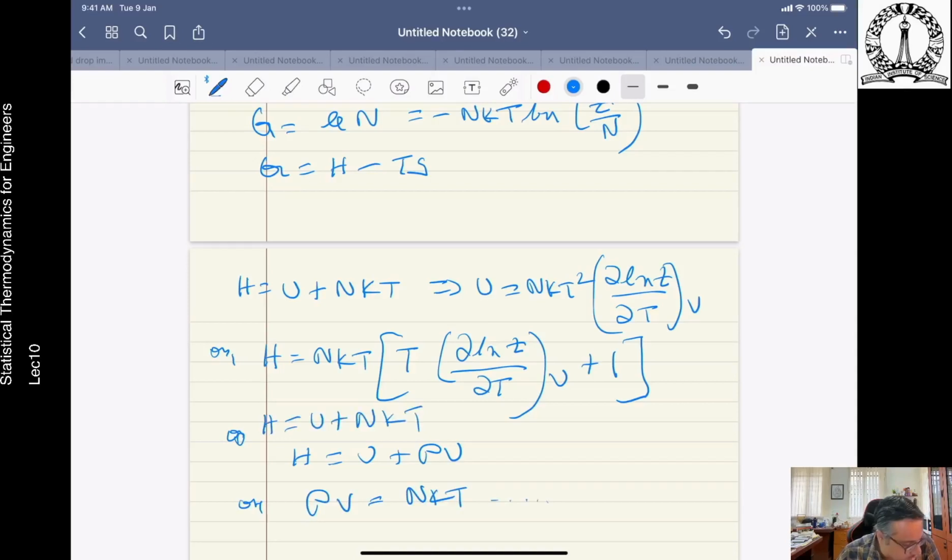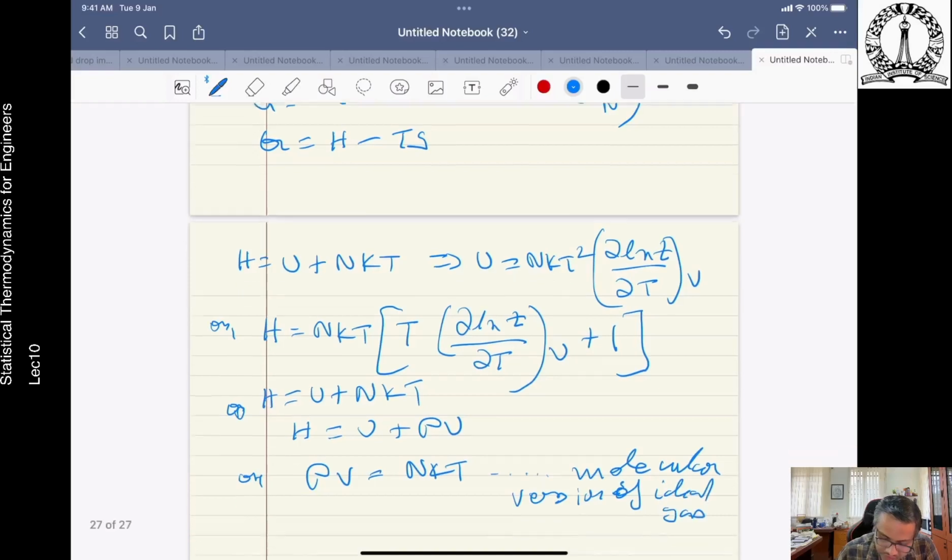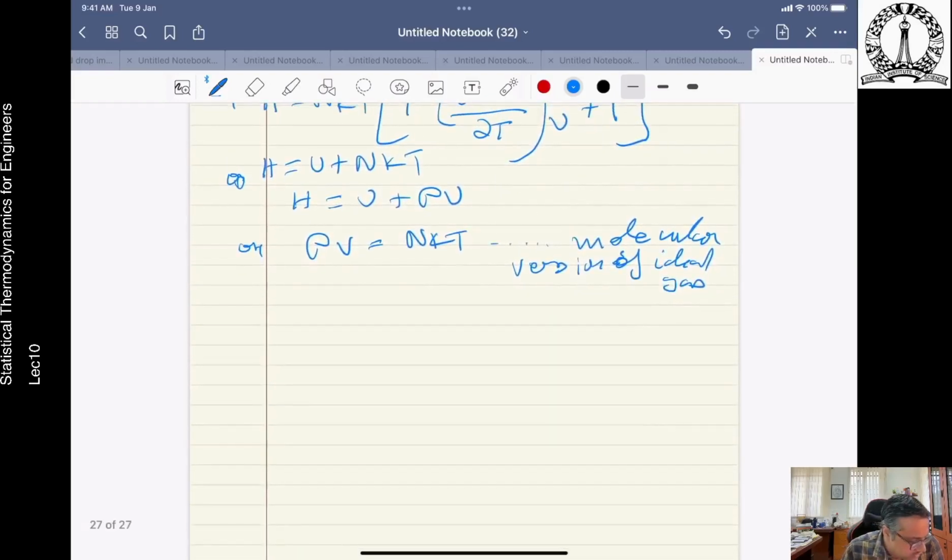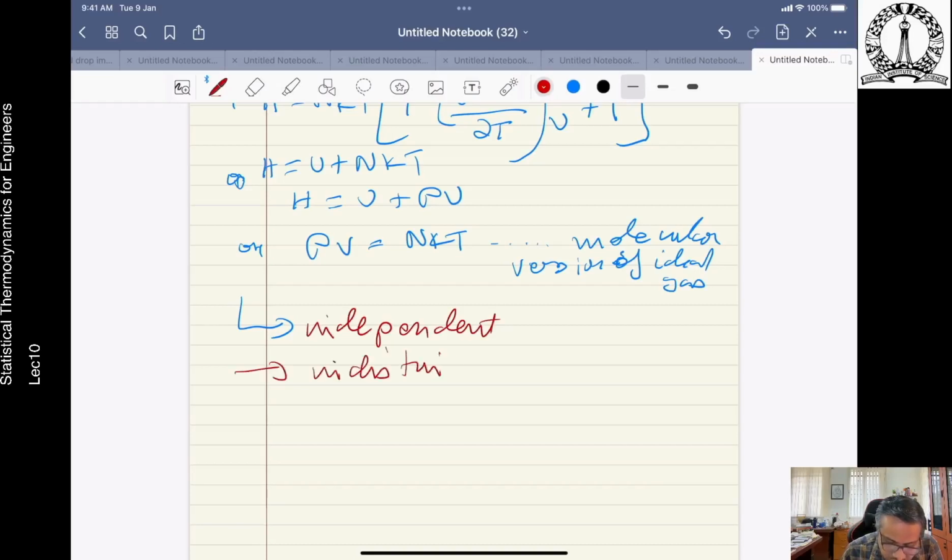So this is like the molecular version of the ideal gas. This assumes, once again, if you recall, that these are independent and they are indistinguishable. Remember the mistake that Boltzmann made for the Boltzons also.